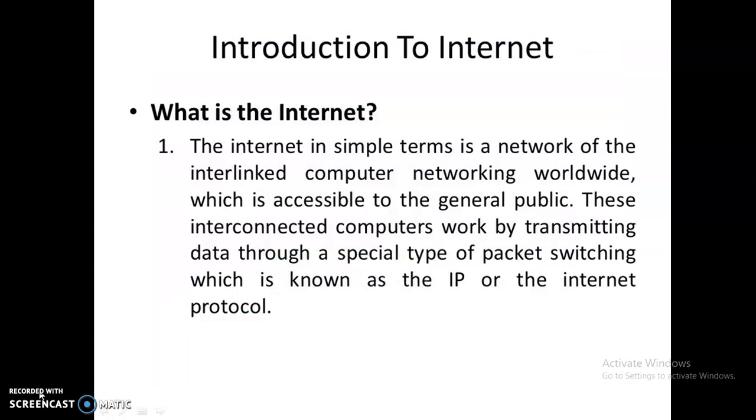introduction to internet. So what is called internet? The internet, in simple terms, is a network of interlinked computer networks worldwide, which is accessible to the general public. These interconnected computers work by transmitting data through a special type of packet switching, which is known as the IP, or the internet protocol.